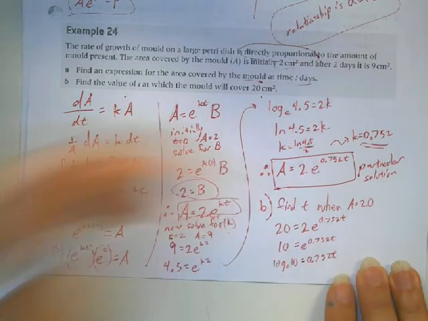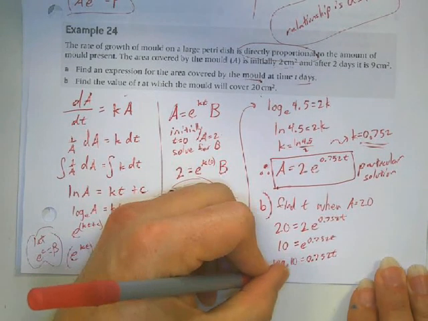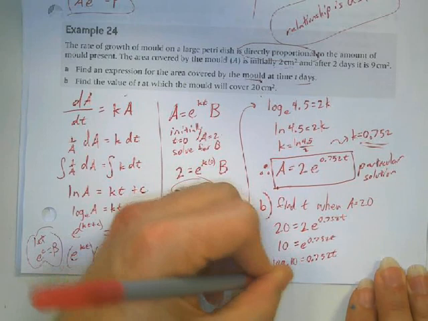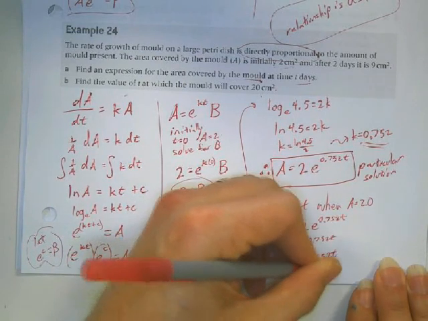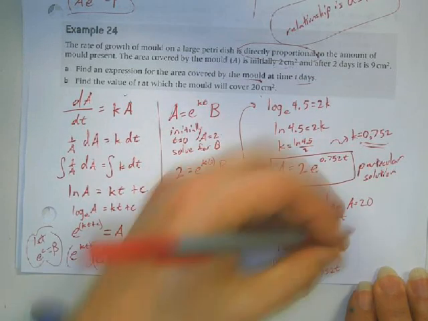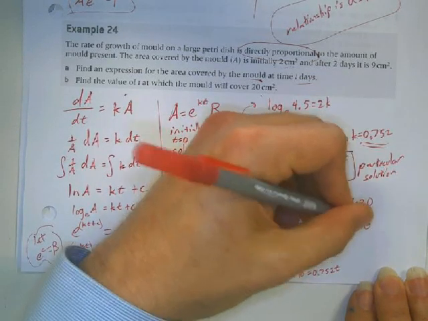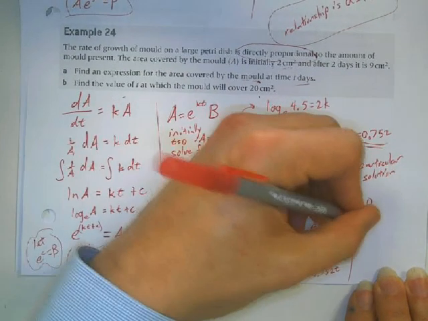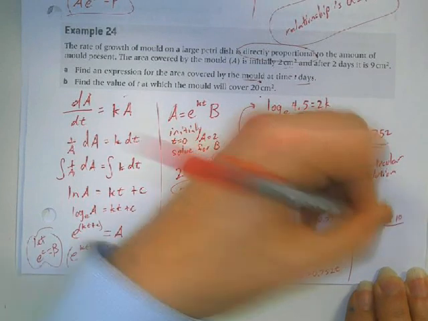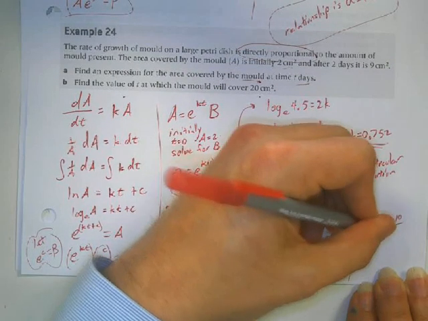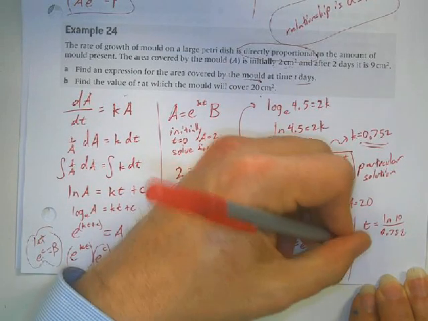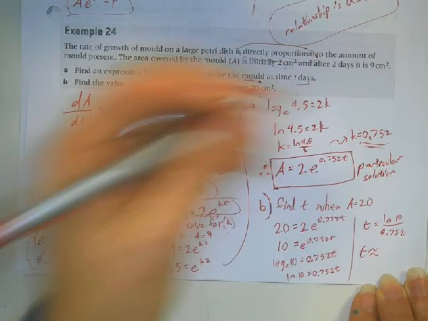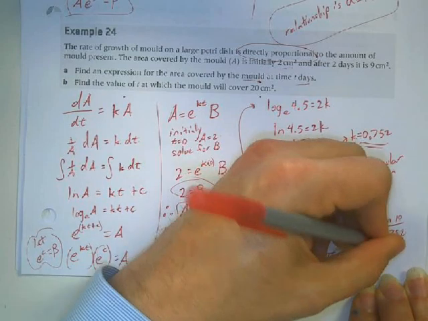So this is natural log of 10 equals 0.752t, and divide both sides by that decimal. So t equals natural log of 10 divided by 0.752, and then I get t is approximately 3.06 days.